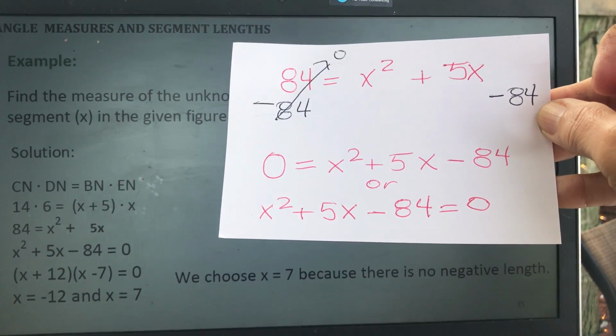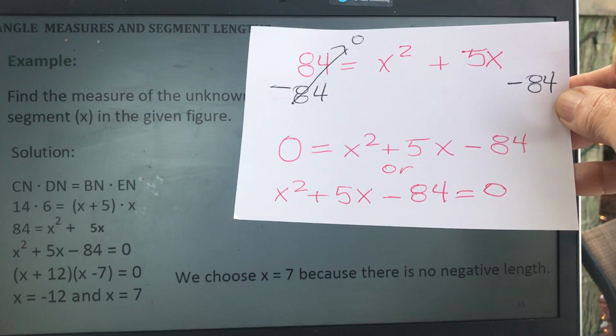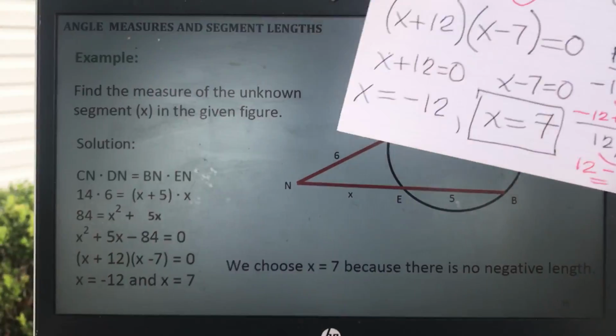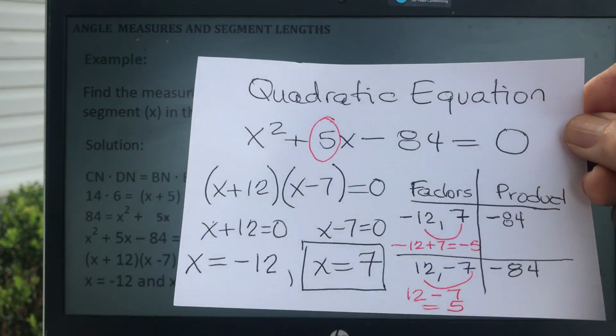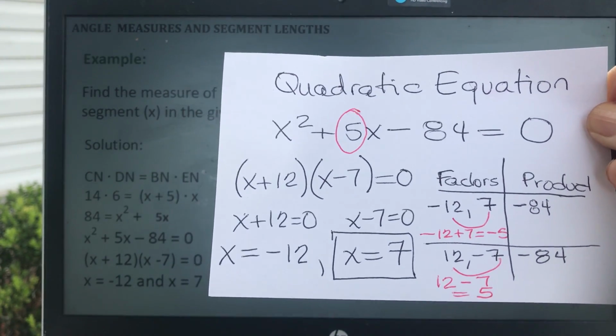So our equation is going to be x squared plus 5x minus 84 is going to be equal to 0. So that would mean that we have a quadratic equation. X squared plus 5x minus 84 equals 0.